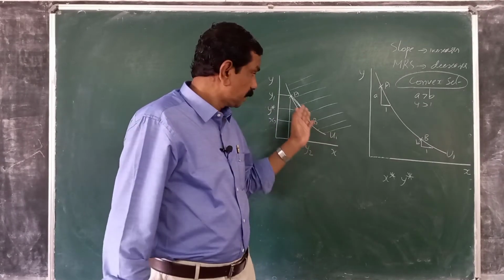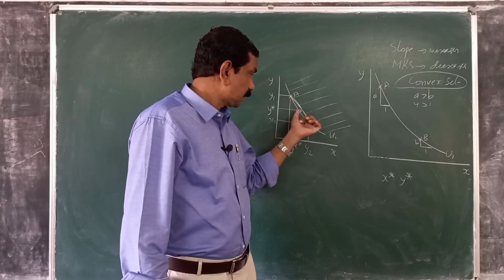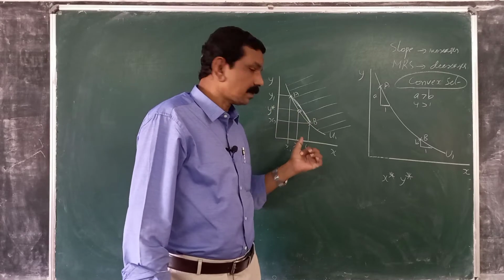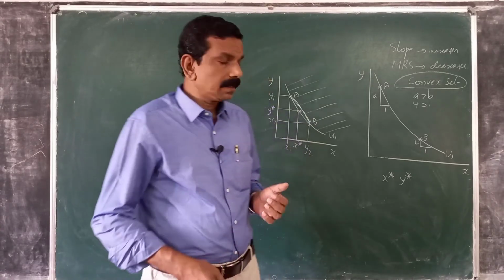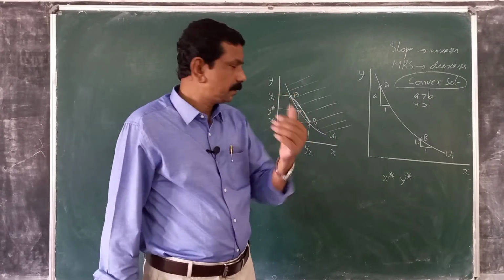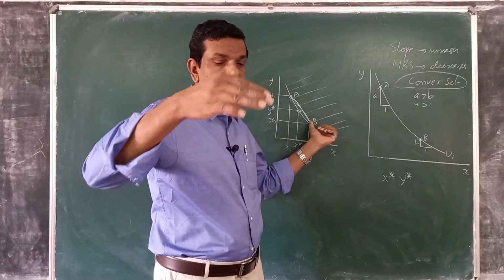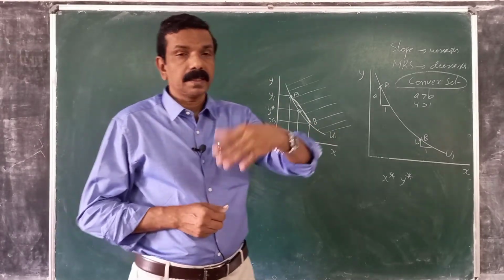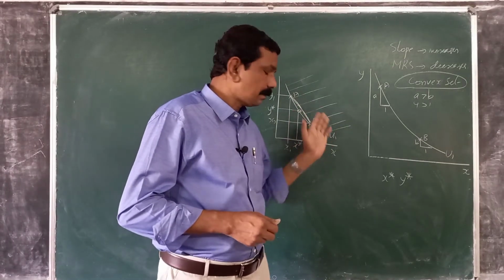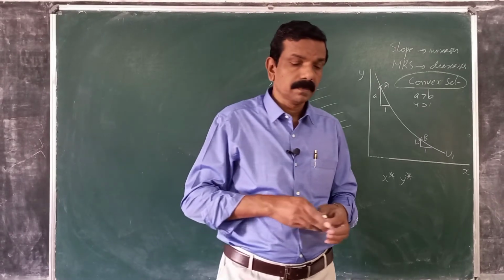So in the figure, the shaded area represents all the combinations which are preferred to or indifferent to x star y star. And if you take any two combinations A and B, and you join them with a straight line, the straight line is also contained in the shaded area. So this is the mathematical equivalent of diminishing MRS.